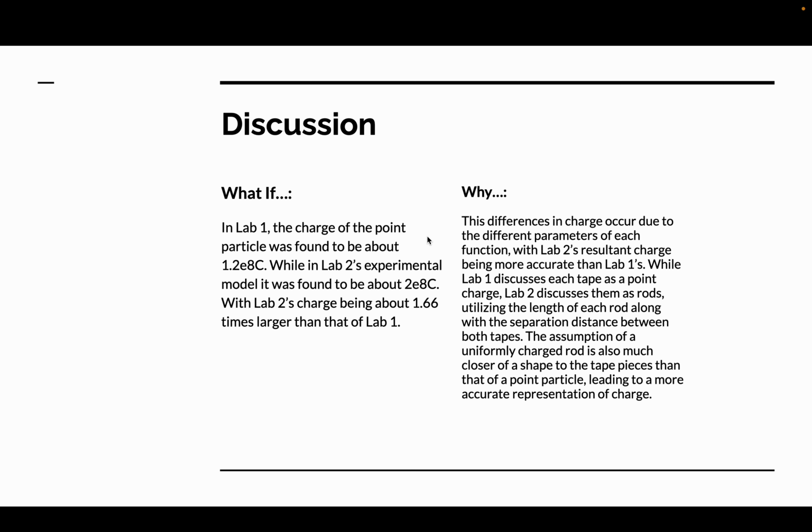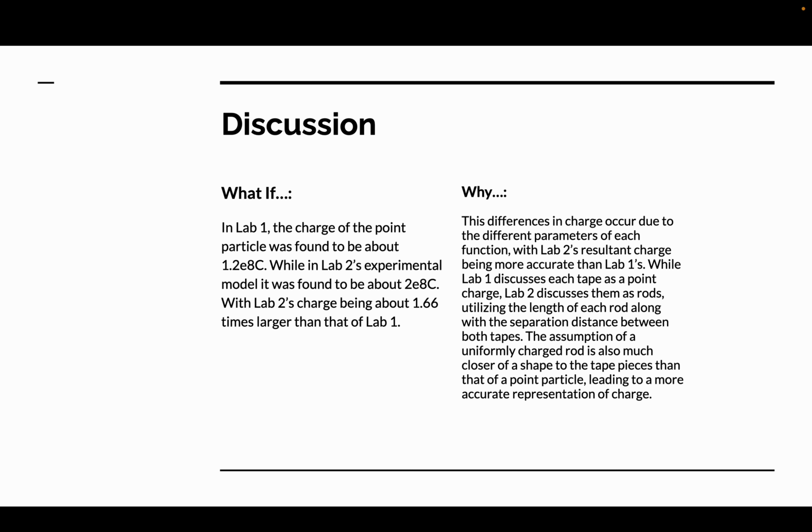Well, the difference is mainly due to the parameters of each computational model, with Lab 2's resultant charge ending up to be more accurate than Lab 1's, because each of these models still assume the same sources of error from Lab 1, that either being the humidity impacting the charge or the material of the tape impacting the charge.